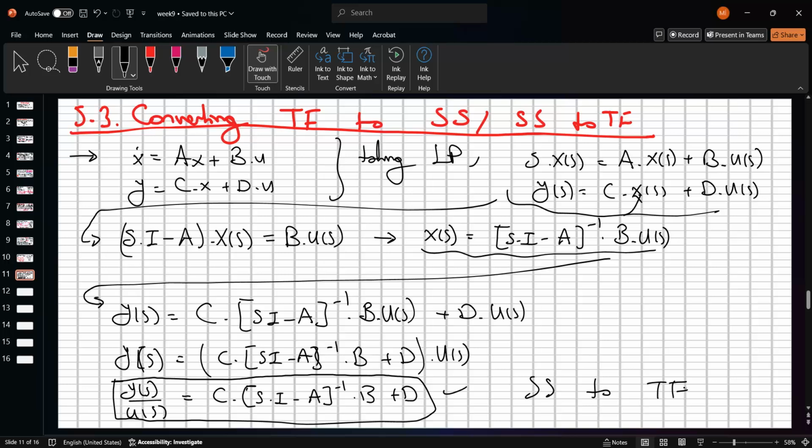But how many transfer functions are obtained in this matrix? How many? Yes. 2 TF are generated from the solution of this matrix.